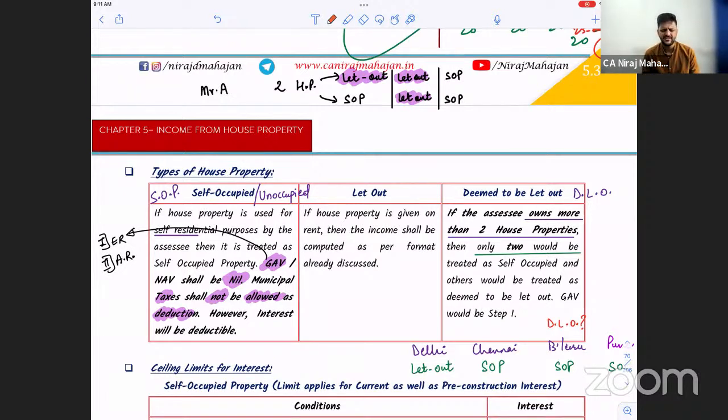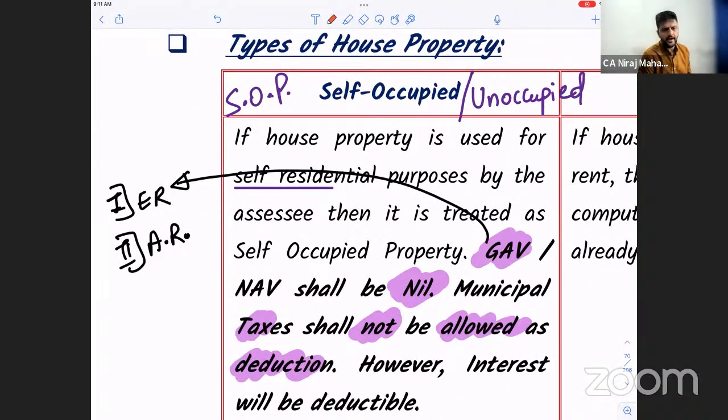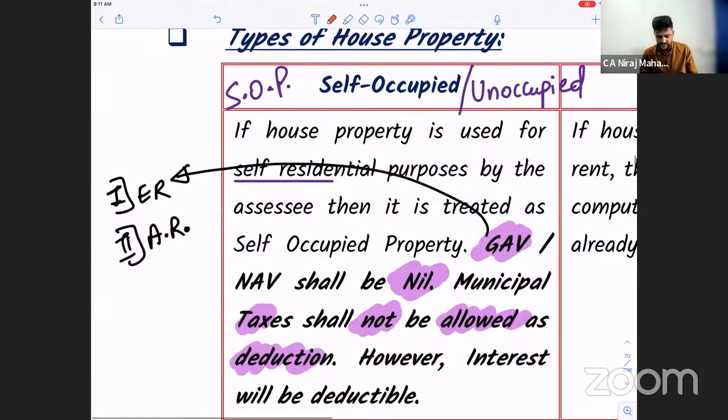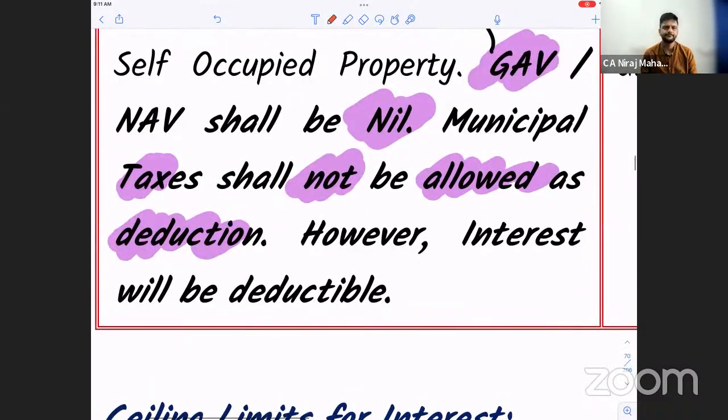Municipal tax deduction is not allowed. Therefore, NAV is also nil. 24A will also be nil. Very important, bacho, again I'm repeating: for self-occupied property, GAV is nil and municipal taxes are not allowed.